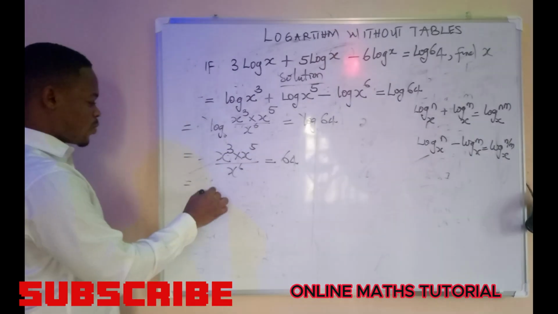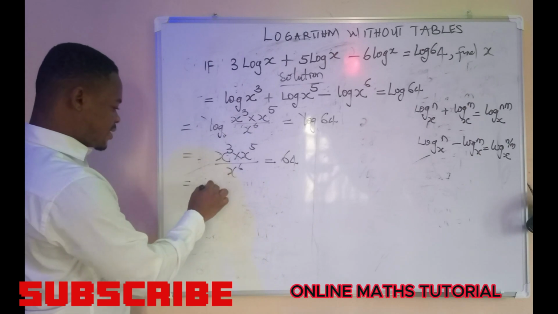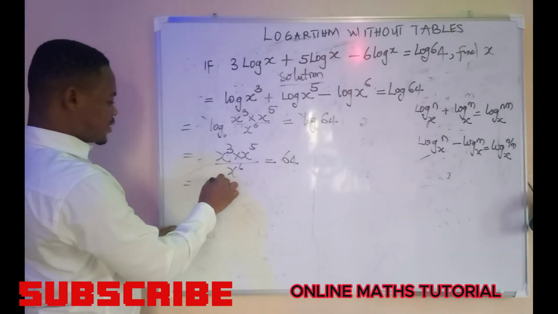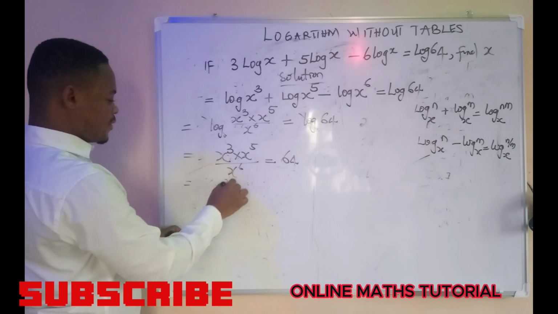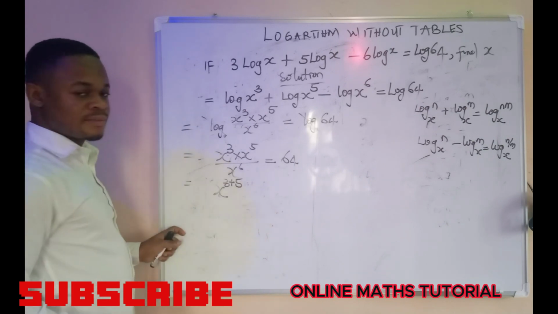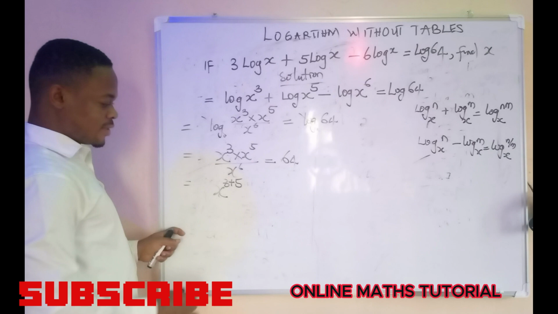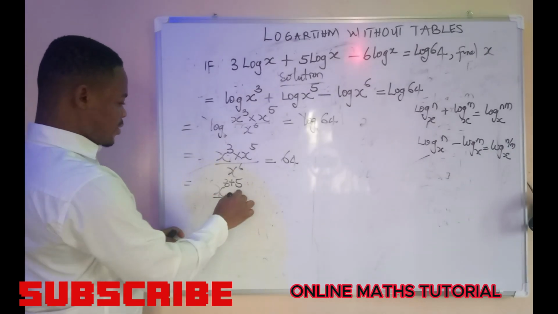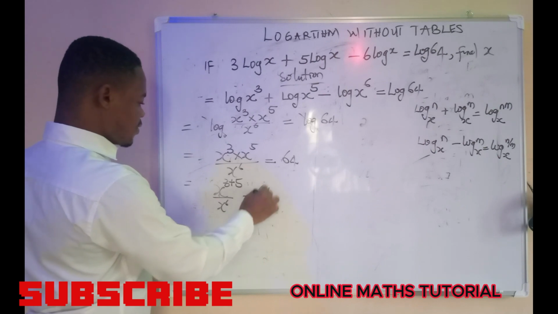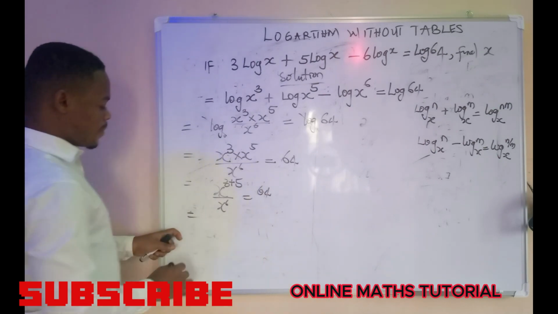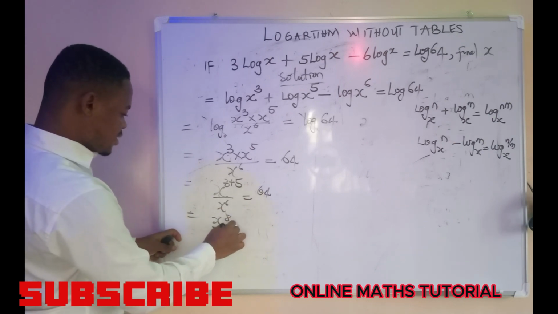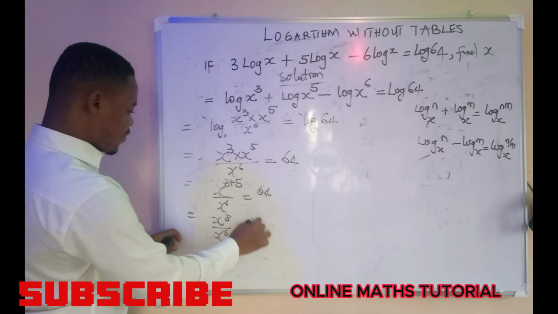So we take one base x raised to power 3 plus 5, adding the powers, divided by x raised to power 6, equal to 64. So this is equal to x raised to power 8 divided by x raised to power 6 equals 64.